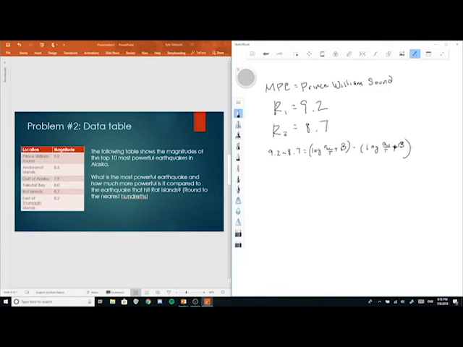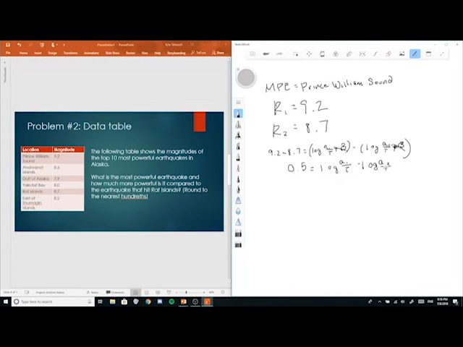From there, we are going to take the difference of these two numbers. So 9.2 minus 8.7 is equal to 0.5, and we will combine like terms. b minus b is 0, so we will not have these anymore. And we will let 0.5 equal the log of a1 over t minus the log of a2 over t.